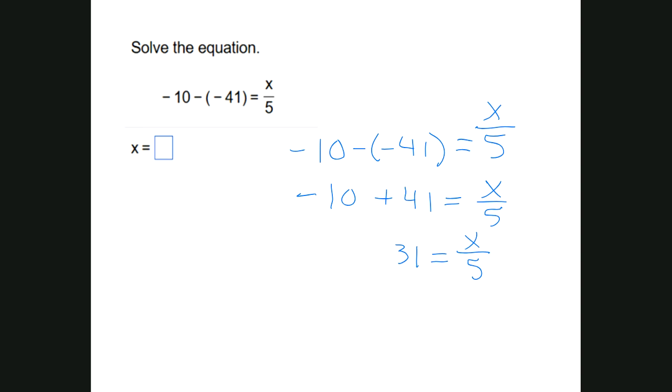Now that we have our variable term, the x divided by 5 by itself, we have to focus on removing that 5 from the denominator. We do this, since it said divide by 5, the opposite is to multiply by 5. So the opposite of divide is multiply. I'm multiplying by 5 on the right-hand side, so I need to multiply the left-hand side also by 5.